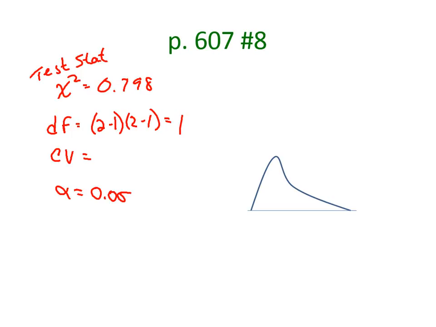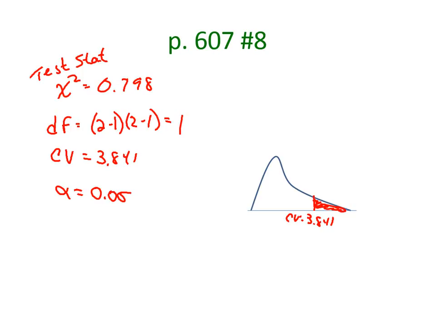Questions finding that? Because obviously this is a chi-squared table, we have to use the table to have my critical value. So my critical value is the 3.841, which means if I have anything more extreme than that, that's where I'm going to reject. Is my test statistic in the rejection region?